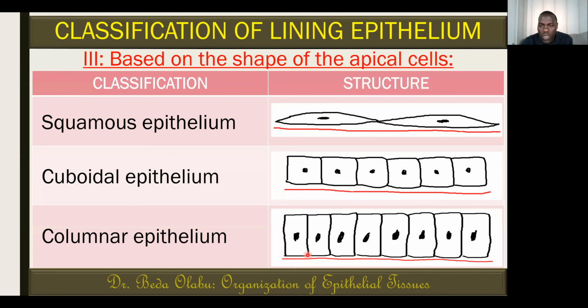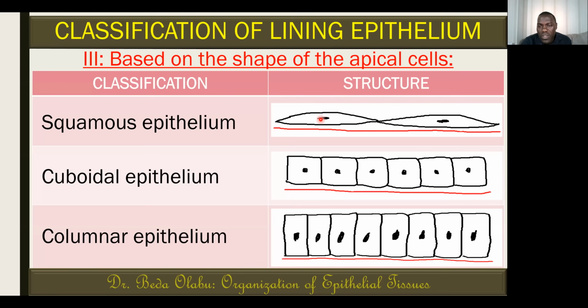Now, you know that it is not possible to resolve the cell membrane using light microscopy. And so when you look at this type of epithelium in light microscopy, you may not be able to really appreciate the shapes per se. One of the things that you can rely on is the shape of the nucleus. If a cell is flat, then the nucleus will tend to be horizontal like that one. Not all the time, but a number of times.